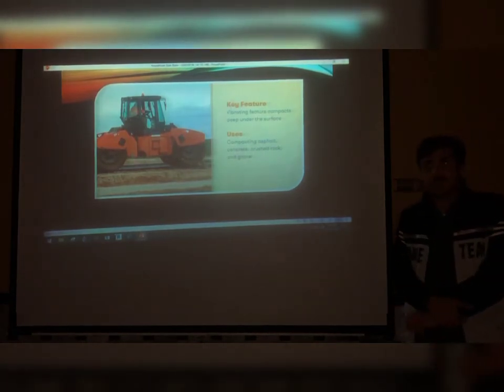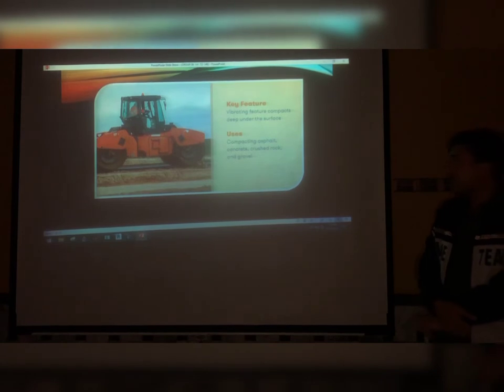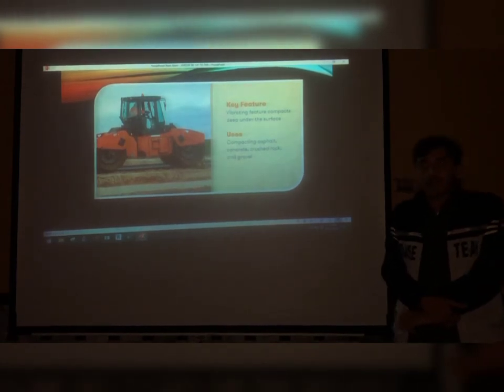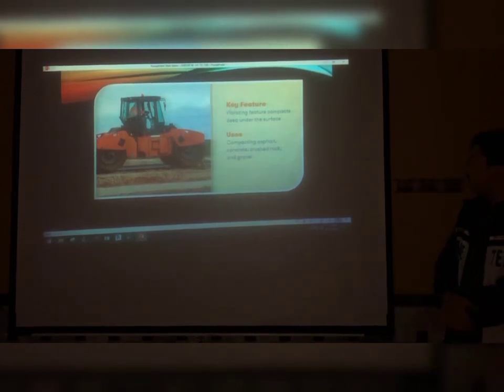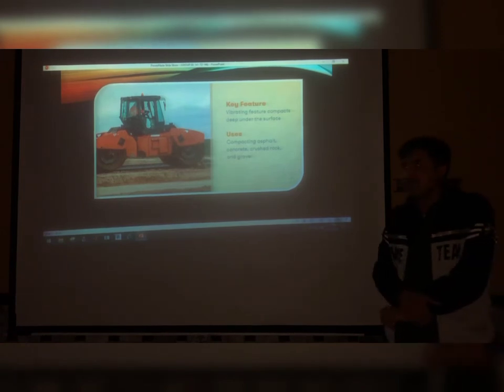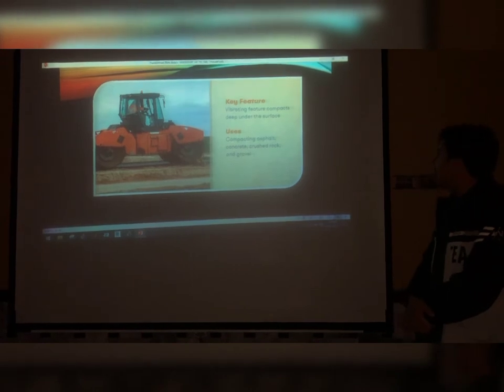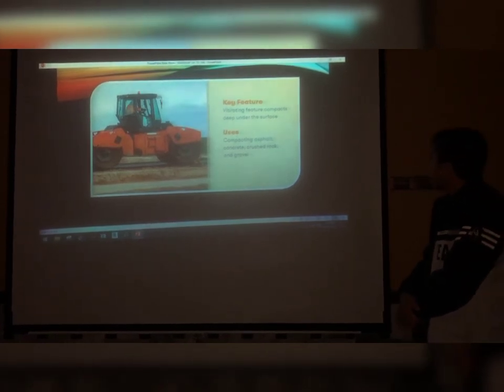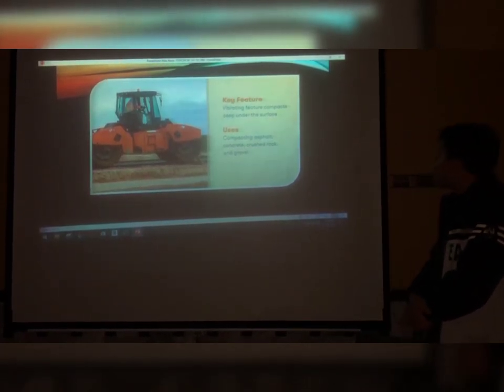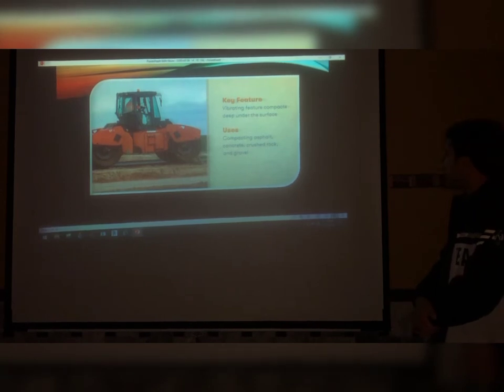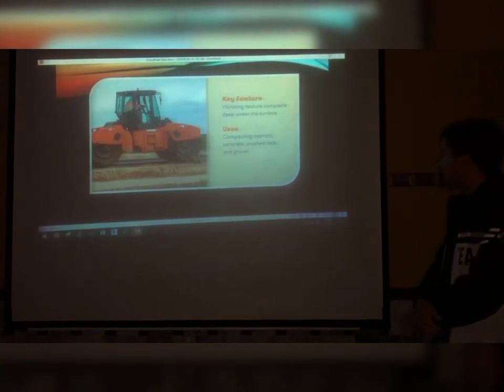Soil contains voids. When we vibrate the soil, the voids are removed and the soil is compacted. Key feature: vibrating rollers compact deep under the surface, usually compacting asphalt, concrete, crushed rocks and gravels.